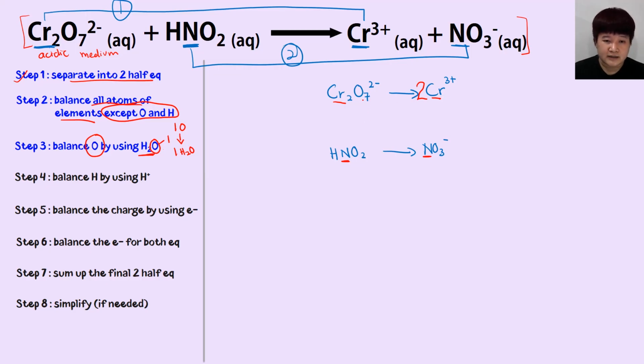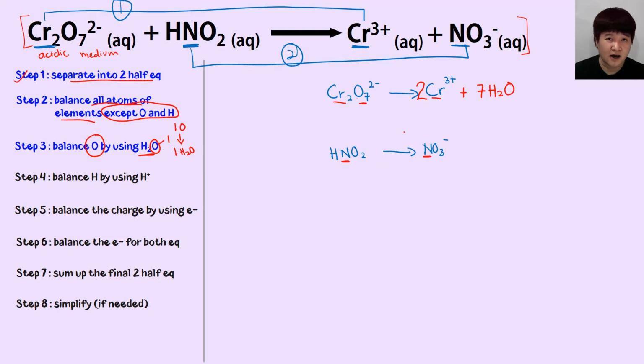On your reactant, I have oxygen 7, but on your product, I don't have any oxygen. So how many water do I add in? 7 oxygen, therefore I add in 7 H2O, because in 1 water there is only 1 oxygen. So I have 7 oxygen on the reactant and now 7 oxygen on my product.